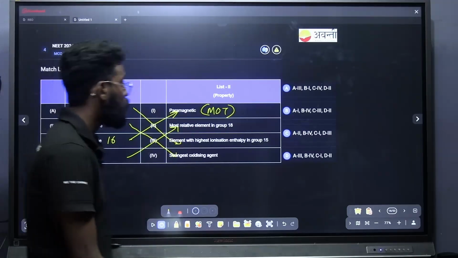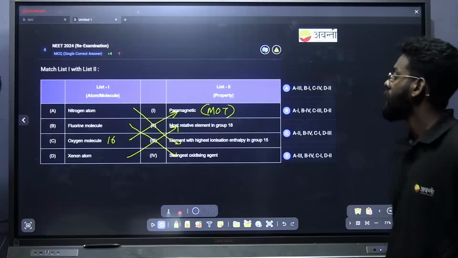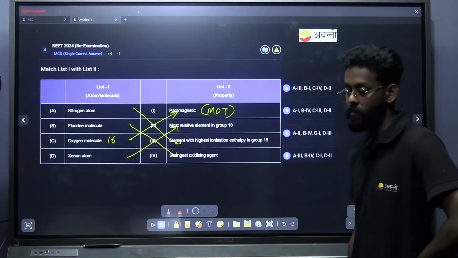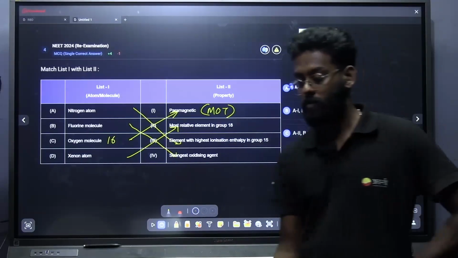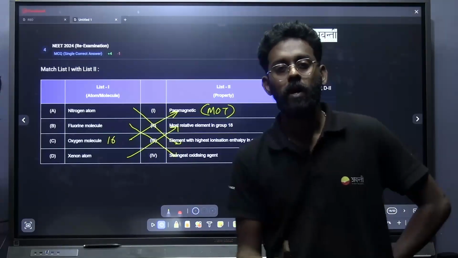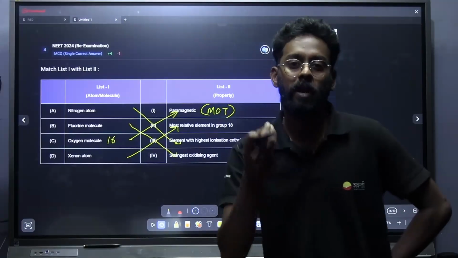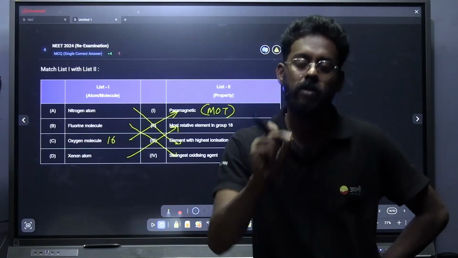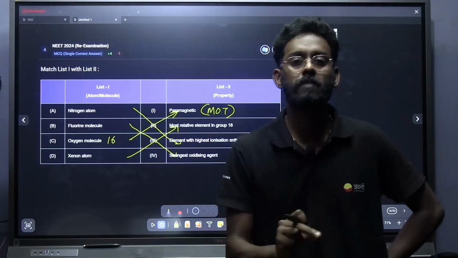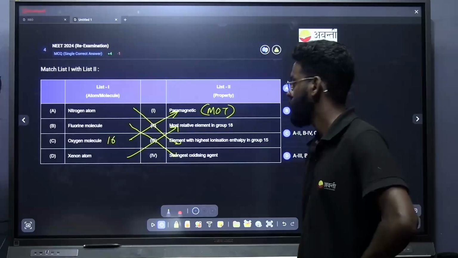Xenon is the most reactive element in group 18 because xenon is in the bottom. As it is at the bottom, it has the least ionization energy. As it has the least ionization energy, outer shell electrons can easily participate in the reaction. So it is the most reactive in group 18.